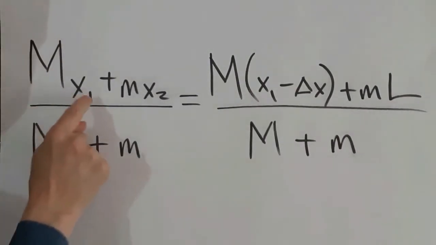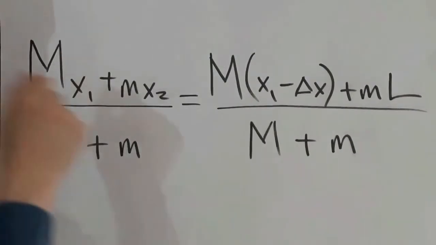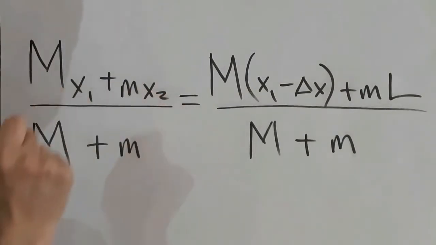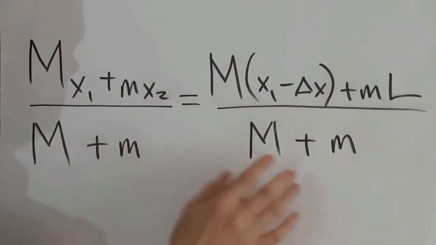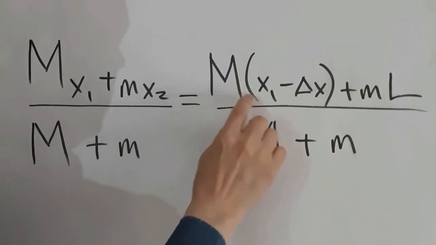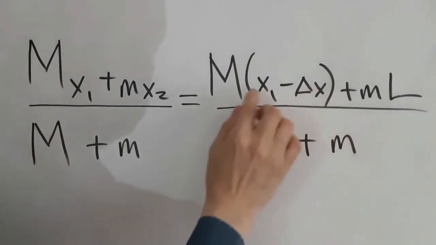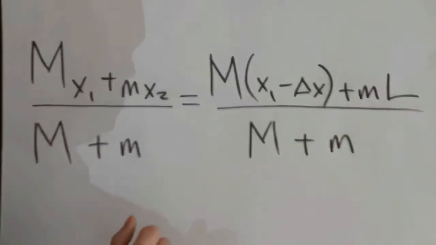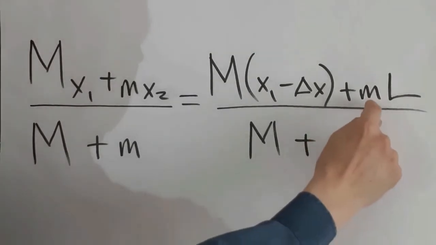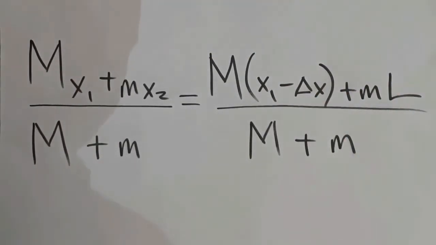So the mass of the box times its initial position plus the mass of the photon, its initial position, plus the total mass equals the mass of the box and the difference in the movement plus the mass of the photon and the length of the box. And that's what you need, the conservation of momentum and the conservation of the centre of mass.